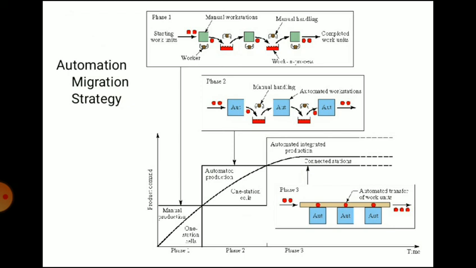In phase 2, that is automated production, there will be automated workstations, but the material handling system will still be manual. And in phase 3, workstations as well as material handling will both be automated. So these are the three phases used in an automation migration strategy.